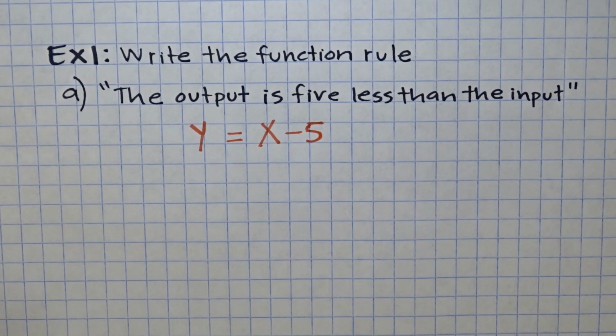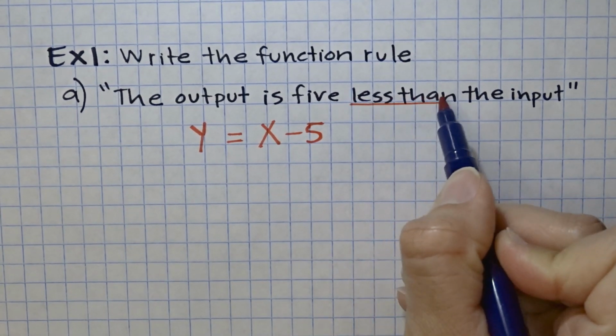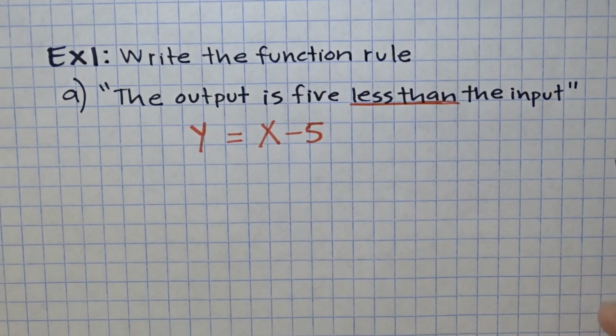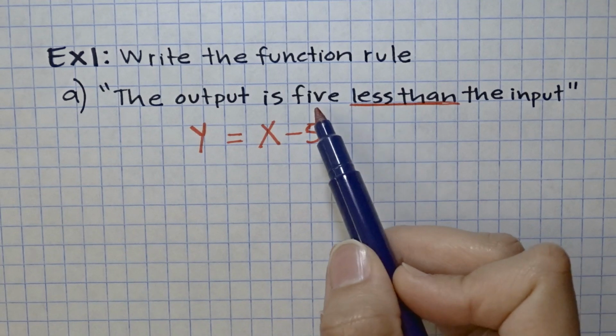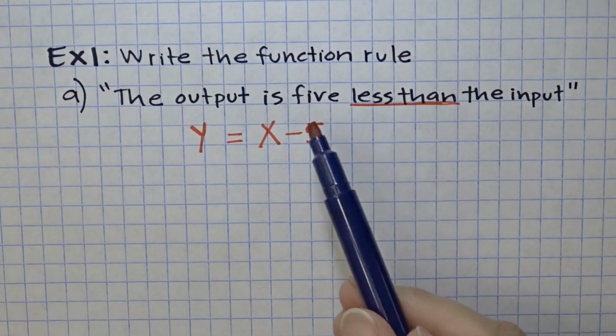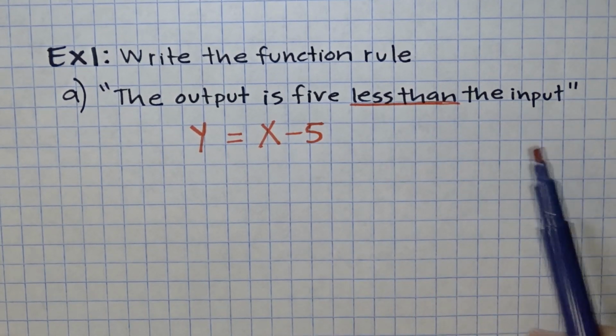Now, to further explain why less than was written this way, most students will put 5 first, subtraction, and then the x. But if you really think about what this really means, it's 5 less than an amount.